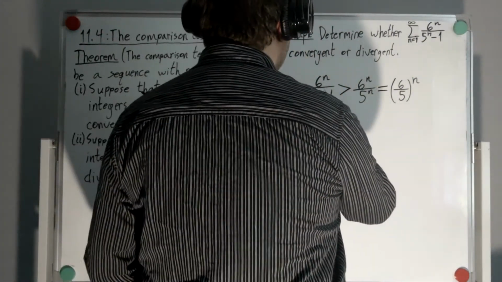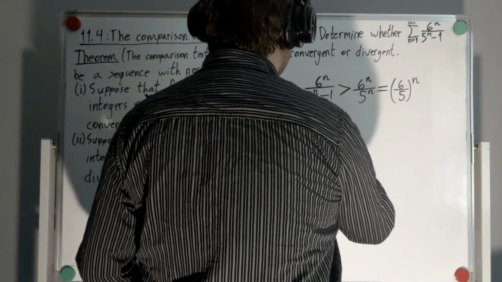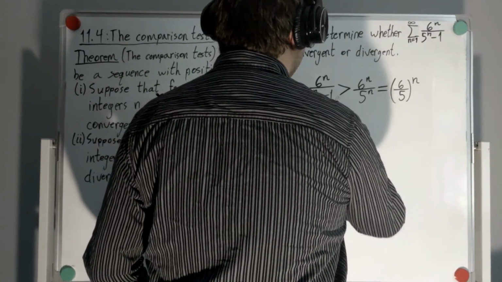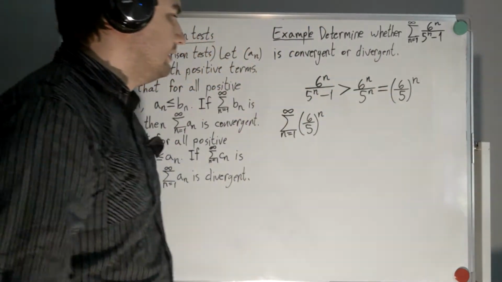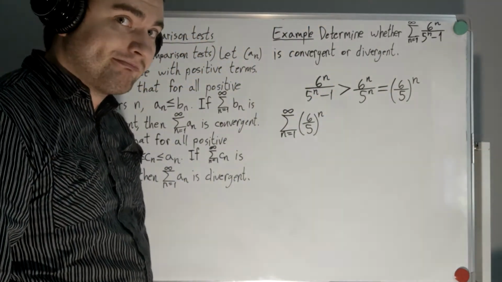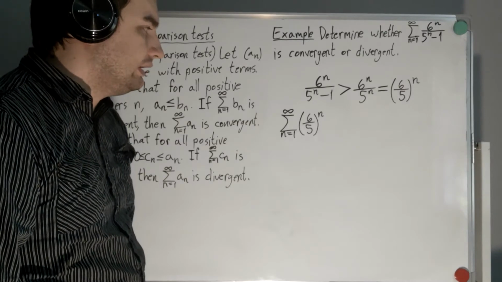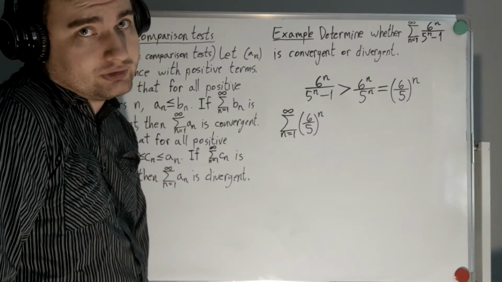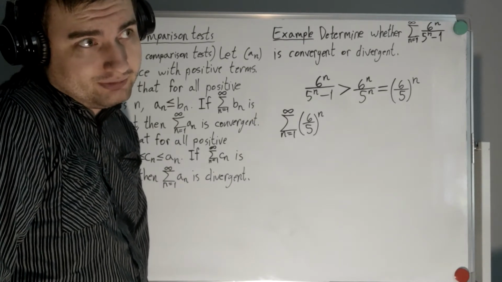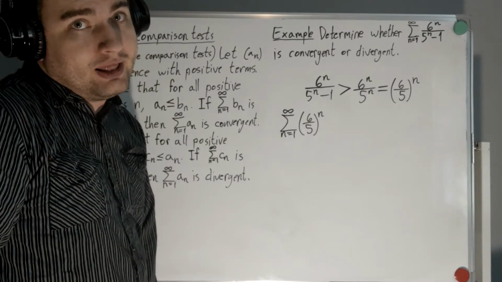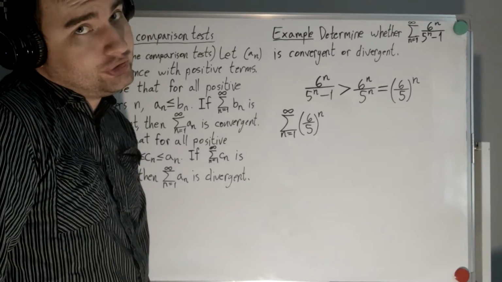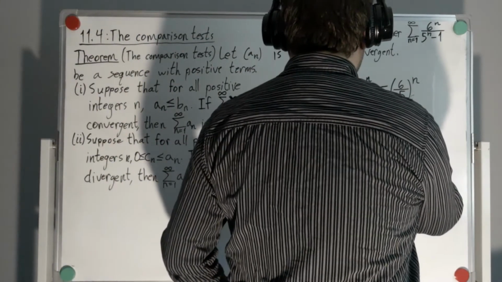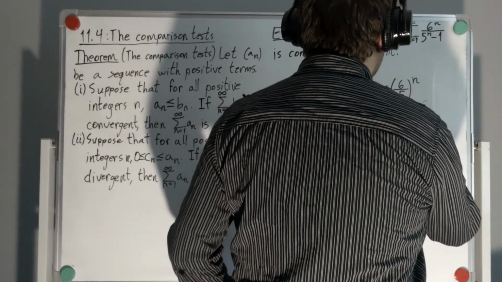So if we were to examine the series, sum from n equals 1 to infinity of 6/5 raised to the n, that's a geometric series, right? And specifically, since 6/5 has an absolute value which is greater than 1, or not less than 1, I should say, that means that this is a divergent geometric series.